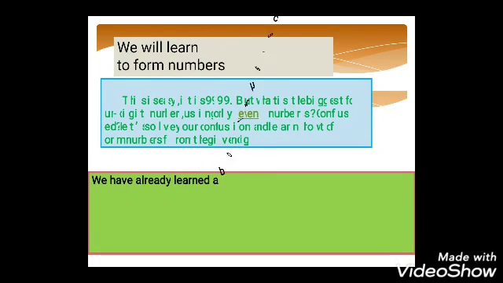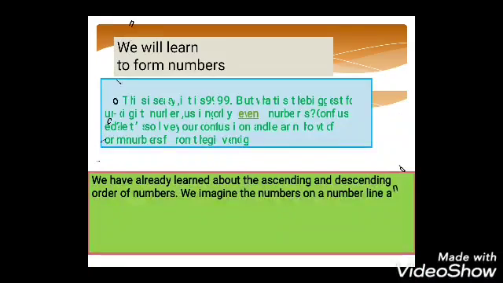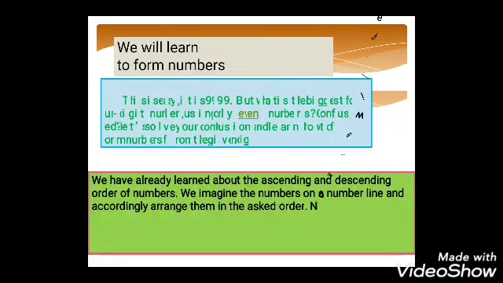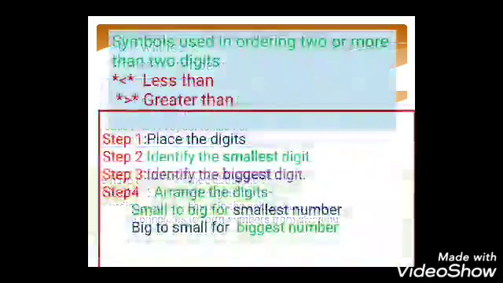So we have already learned about the ascending and descending order of numbers. We imagine the numbers on a number line and accordingly arrange them in the asked order. Now we will be using the same principles to form the numbers from given numbers.